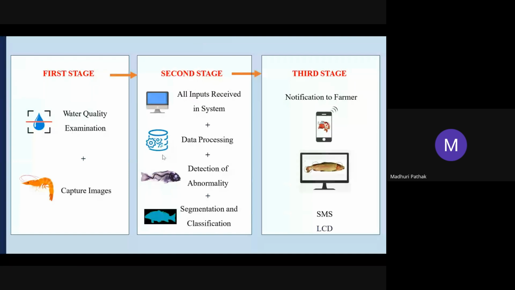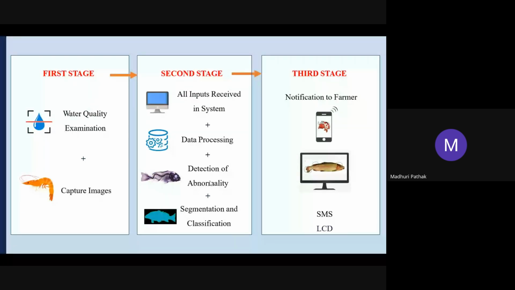Okay, so in case of white spots, they will come on the body. In black gill disease, gill coloration will become black. So that way, an image of the shrimp will help a lot to detect the abnormality. Suppose the fish tummy is very, like the abdominal portion is bulged, or it has become fatty.